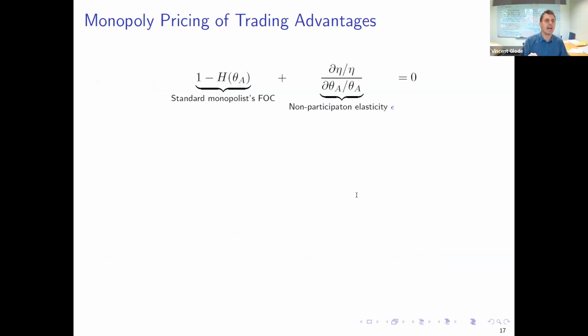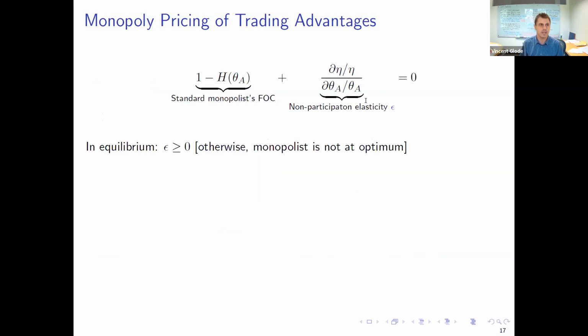So here you can see the monopolist will try to price the trading advantage based on the standard monopolist FOC plus an extra term that captures the non-participation elasticity to the sales of trading advantages. In equilibrium, this elasticity will be positive, meaning if I were to sell more trading advantages, it should lead to less participation.